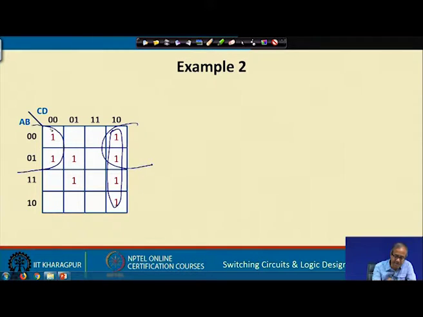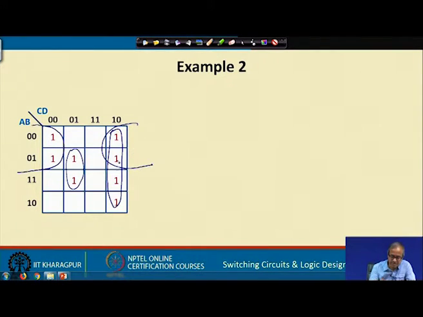You can take these 2 separately, but this will not be the biggest one, because you can also take these 2, this will be the bigger one, and these 2 ones are still remaining. You can of course take a cube like this, but again this will be left out, but instead if you take a cube like this, then this will cover everything. I do not need any further cube.